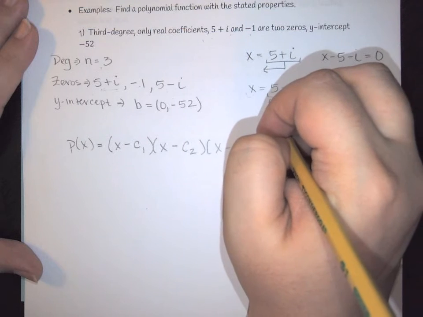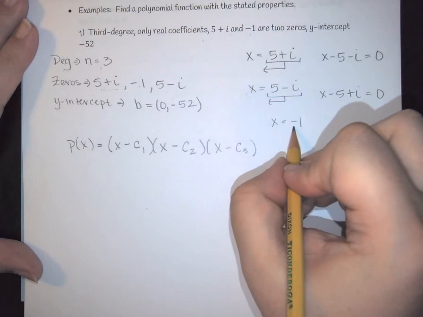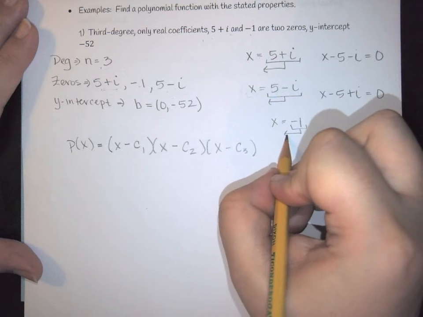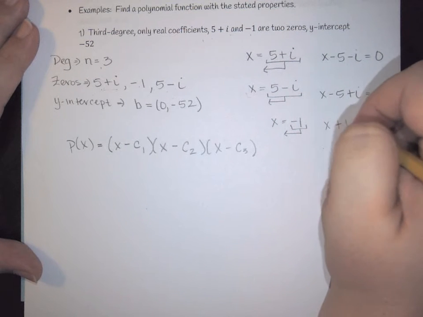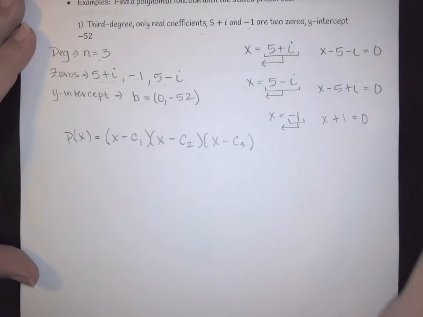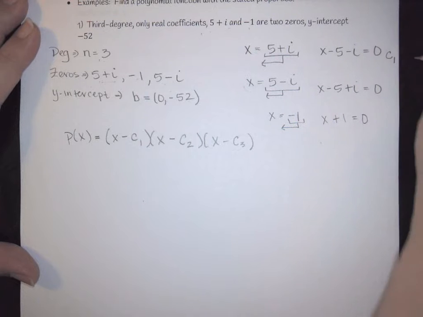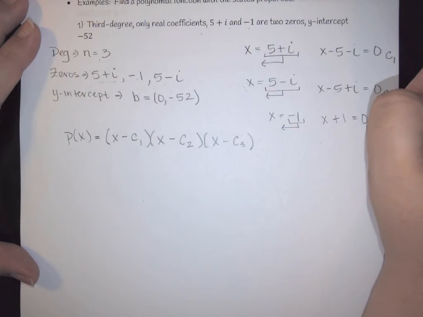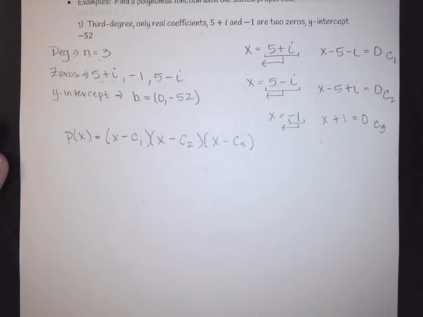And then the last one we had was x equals negative 1. Again, we're going to move it to the other side of the equal sign, so we end up with x plus 1 equals 0. So if we look at them, this is going to be c1, this would be c2, and this would be c3 essentially.